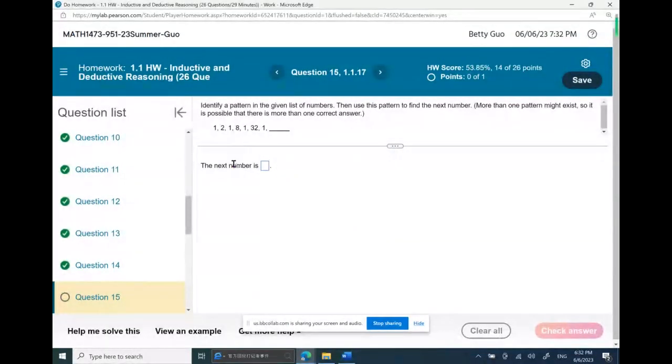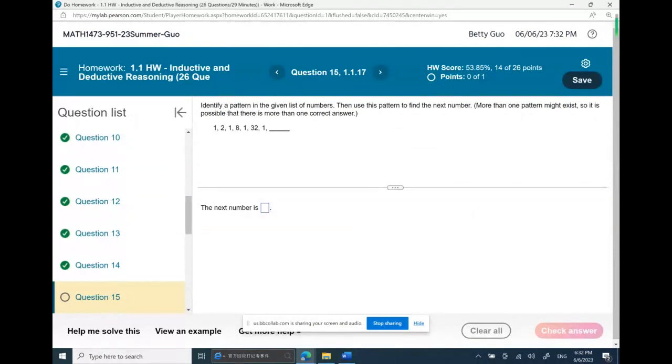Pattern again, yeah. So 1, 2, 1, 8. You know what? I'm going to ignore those ones. Because it's alternating, right? The pattern obviously is alternating.